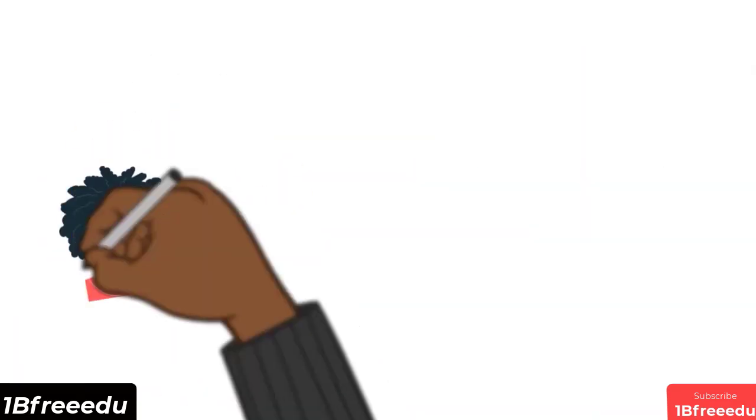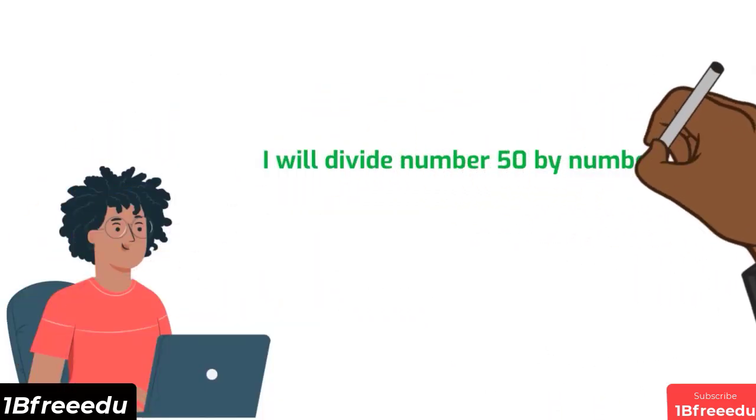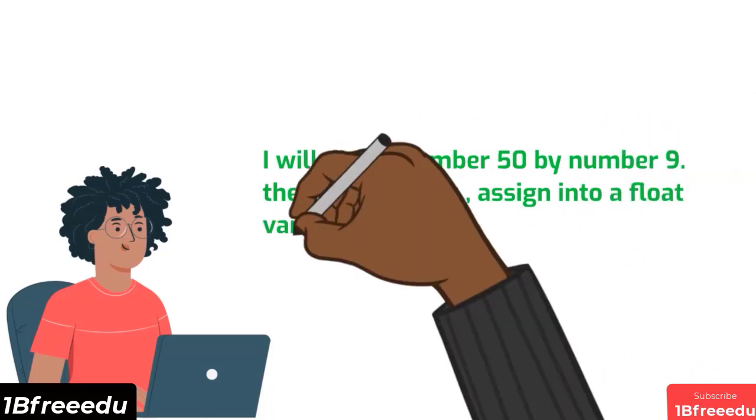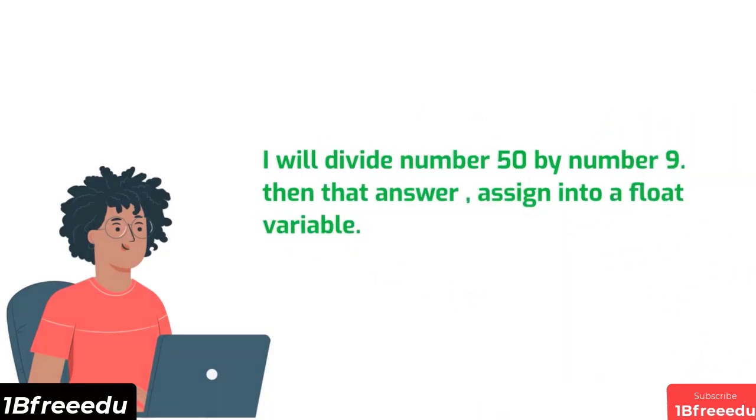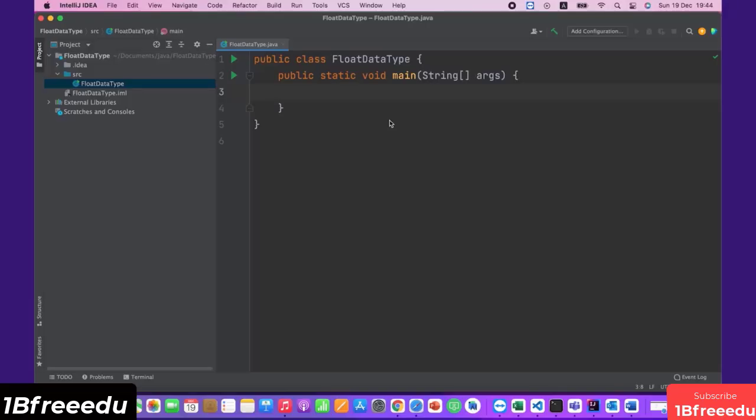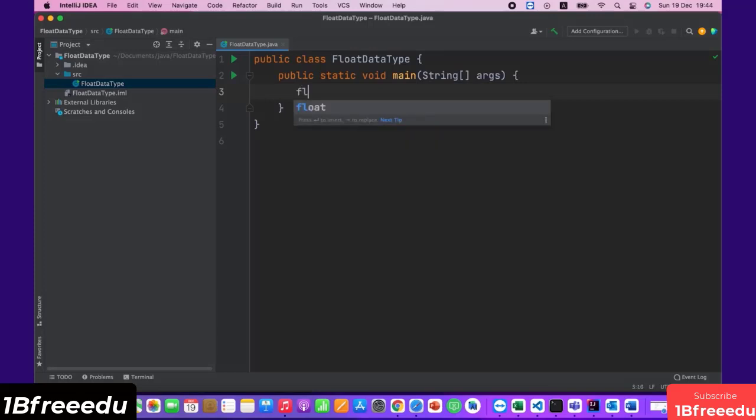To explain that, I will divide the number 50 by the number 9. Then that answer I assign to a float variable. So first of all, I declare a float variable. To do that, I write the data type float, keep a space, then name it float answer and put a semicolon at the end of the code line.